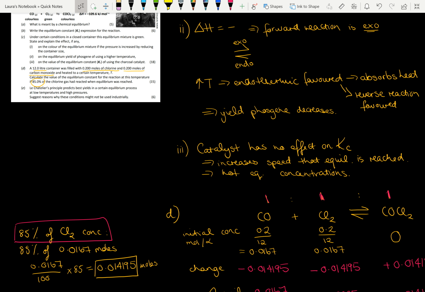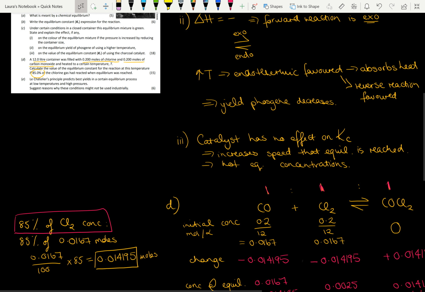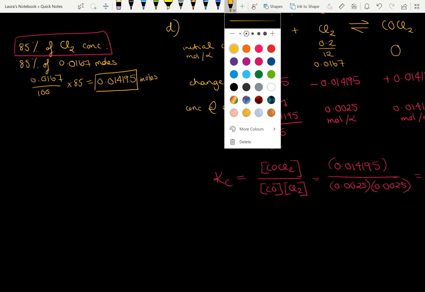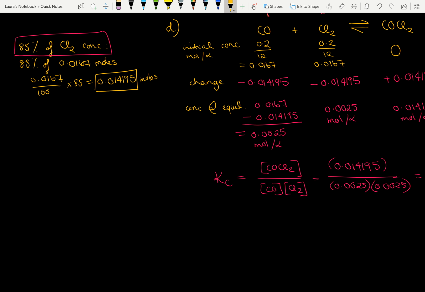Now, part E. Le Chatelier's principle predicts best yields in a certain equilibrium process at low temperatures and high pressures. Suggest why these conditions might not be used industrially. Well, we've come across this in our two case studies in this chapter: the Haber process and the contact process. The reason that low temperature is not ideal is that if we decrease the temperature, it's going to slow down the reaction, and that's quite uneconomical.